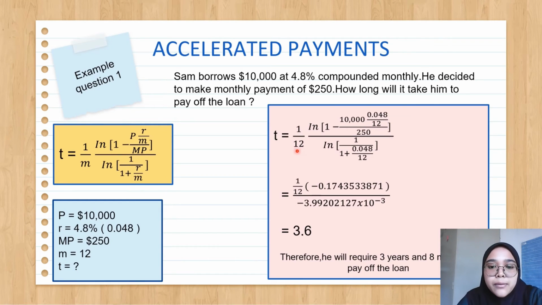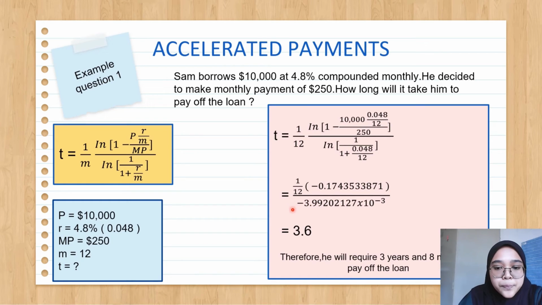we use this formula, and we put the numbers into the formula. It becomes 1 over 12 multiplied by the natural log of 1 minus 10,000 multiplied by 0.048 over 12, over 250, over the natural log of 1 over 1 plus 0.048 over 12.